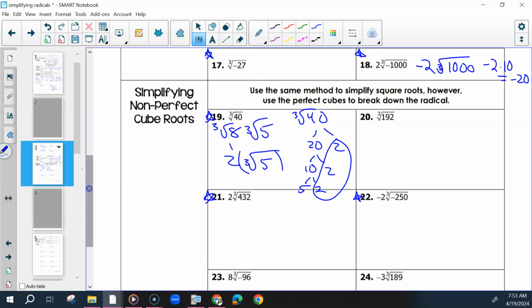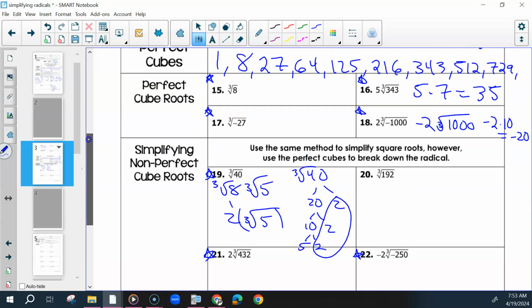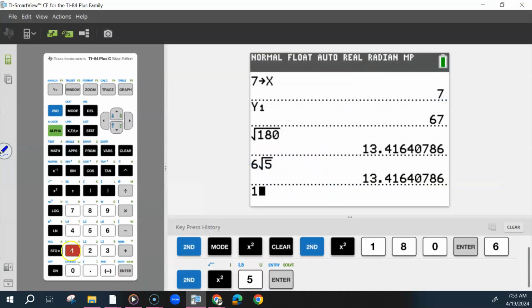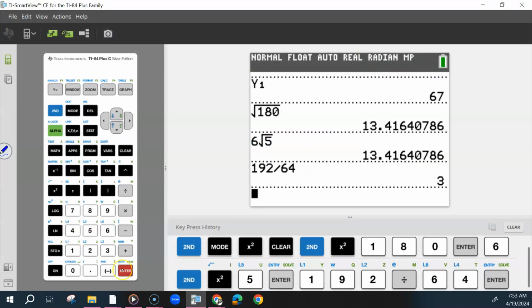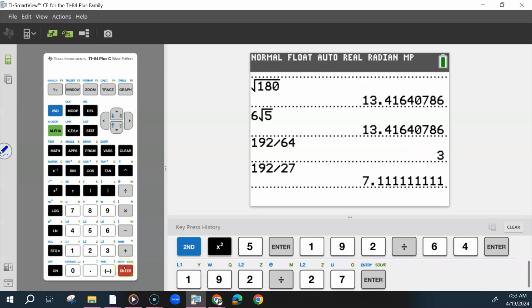Let's try 20. We'll do both again. Find the perfect cube that we could divide this by. What did you say? 64 and you said 27? I don't know which is the right answer. So I'm going to say 64 works.